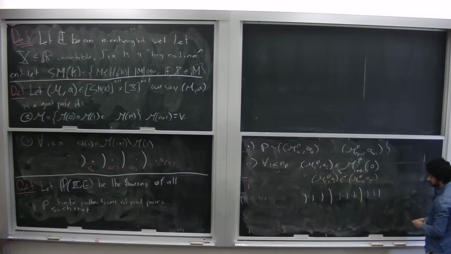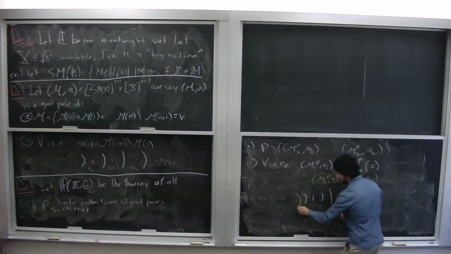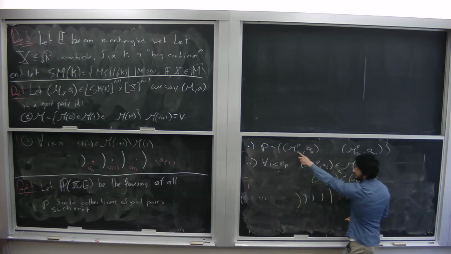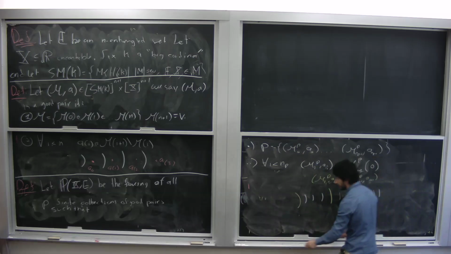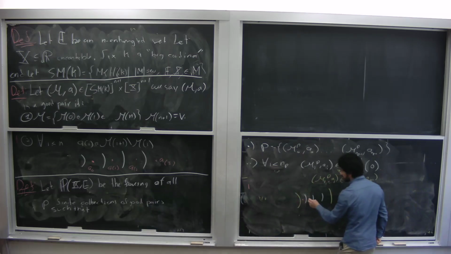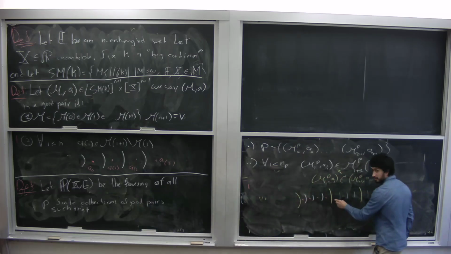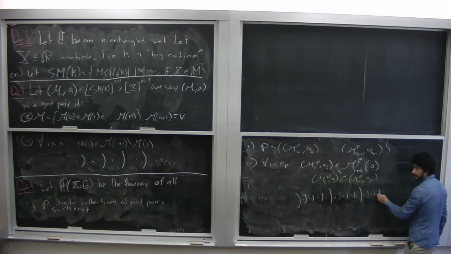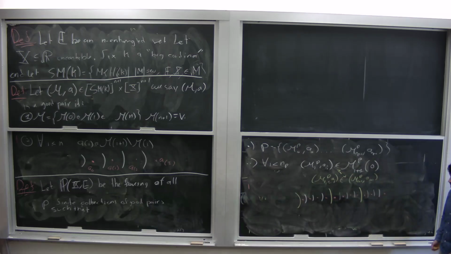So the picture looks like this. If n is 4, n plus 1 is 5, then the first good pair would look like this. The second good pair would look like this. The third good pair would look like this. But you shouldn't have a dot. I see, yes.